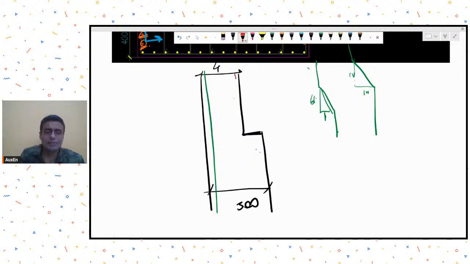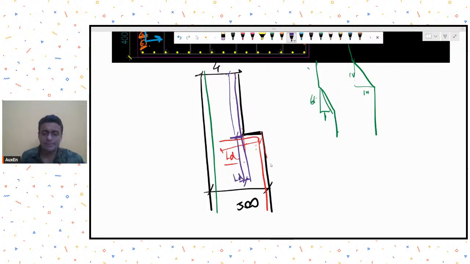In such a case, you can just curtail the bar of the below column by providing development length. So beyond this face, just ensure that adequate LD is provided. Terminate this bar, and taking the new bar for the 400 size column which was above, we just take a bar and start a bar and ensure that LD is provided.